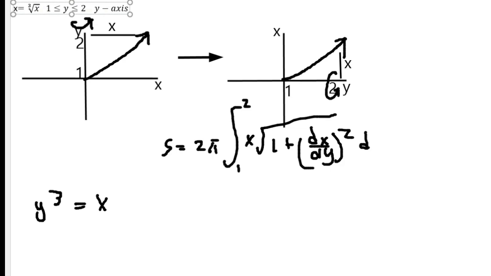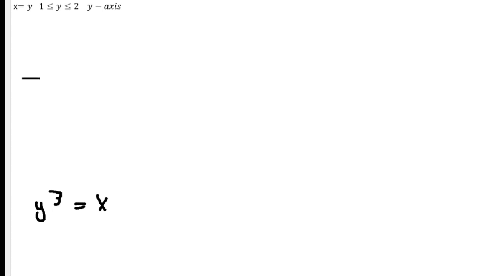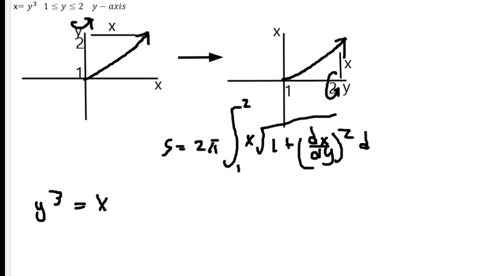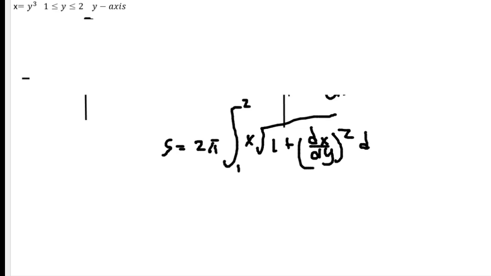Oh wait, we just made it as x equals y cubed. Okay, so we got dx dy.